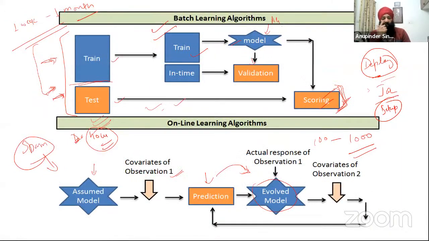Now, if it is supervised mode, then the batch learning approach is the best one, because the data has already been there, and if the frequency of the data generation is not very high, in that case the batch learning approach can be used. Otherwise, if the data is being generated very frequently, then the online learning algorithm is to be used.